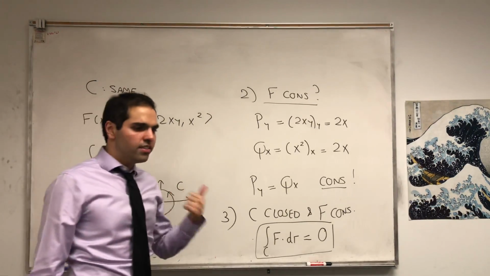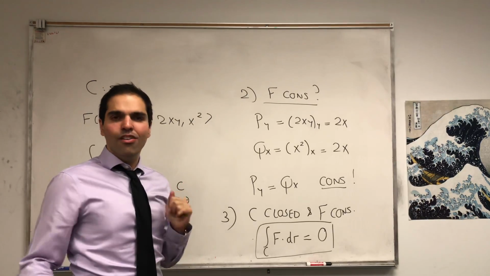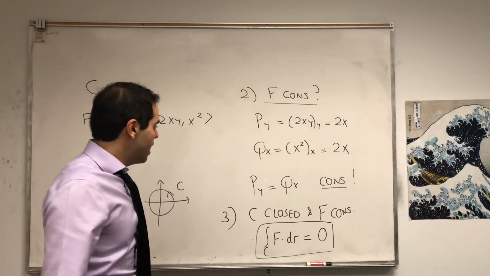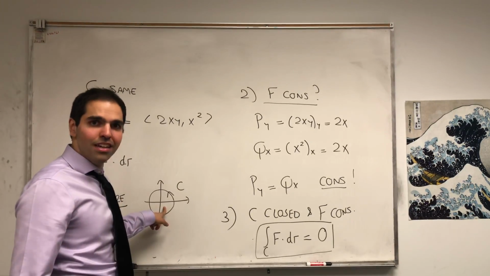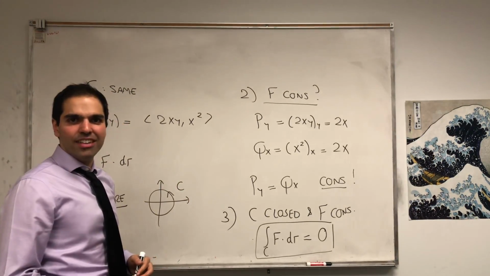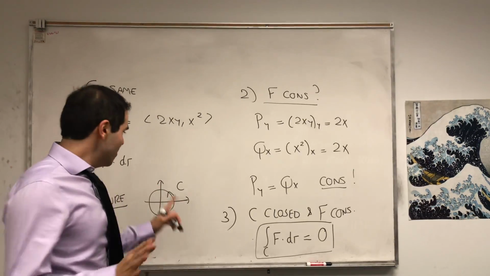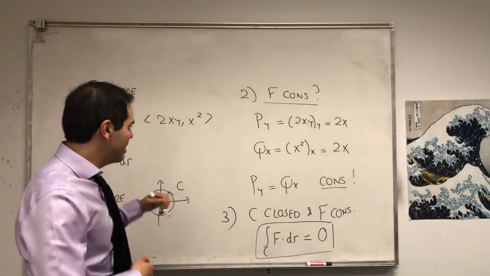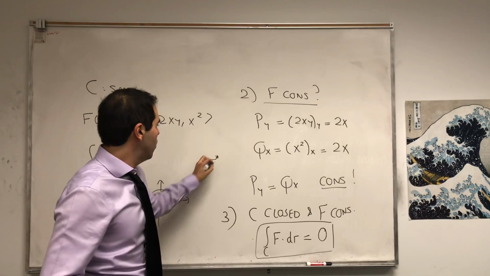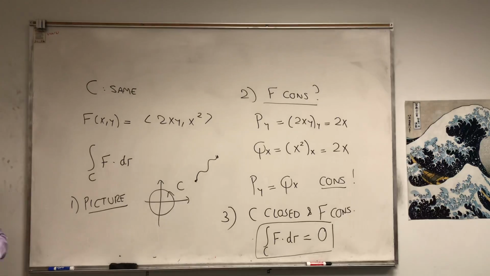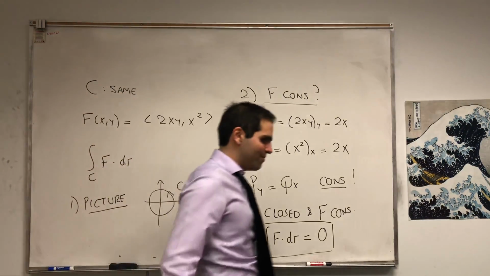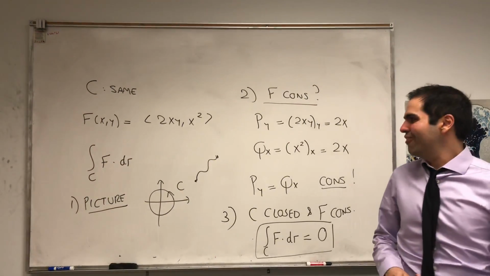The first one is if F is not conservative, for now just do it directly. If F is conservative and the curve C is closed, then it's automatically 0. But beware, C has to be closed. If I gave you the same example over something where start is not the end, it's not necessarily 0. So just beware. It's like the third little pitfall if you want.